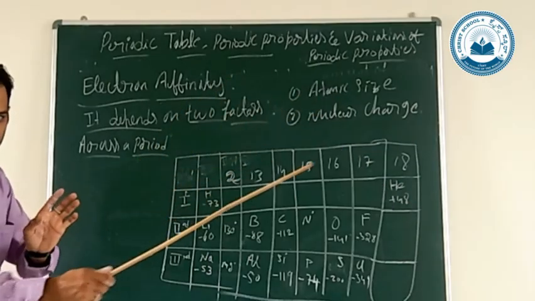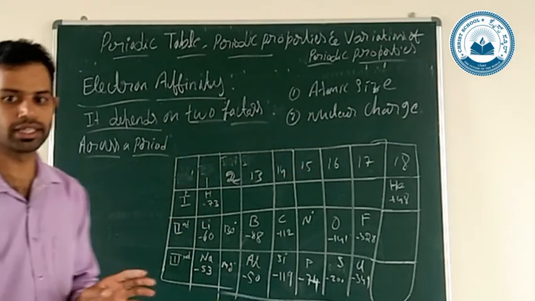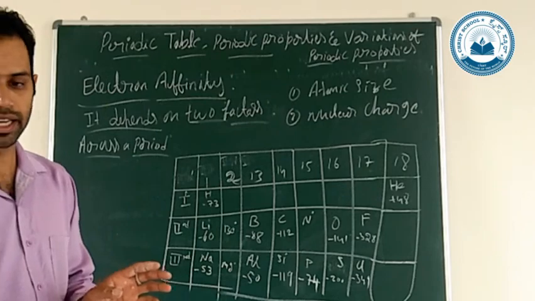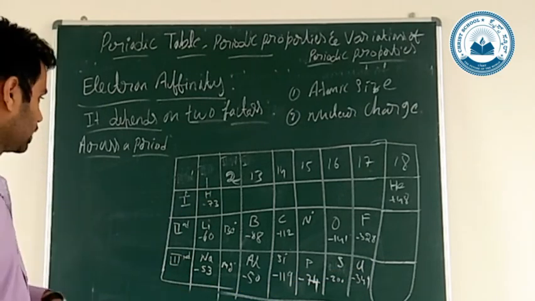As we move across the period, electron affinity increases, because atomic size is getting decreased.